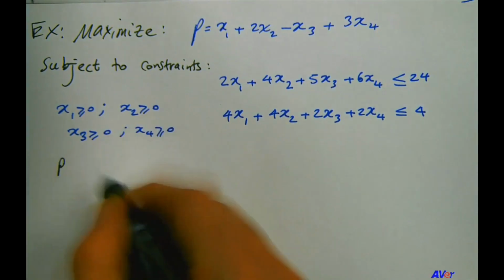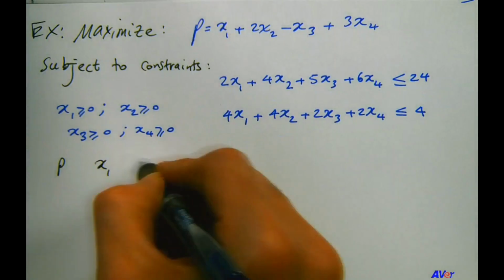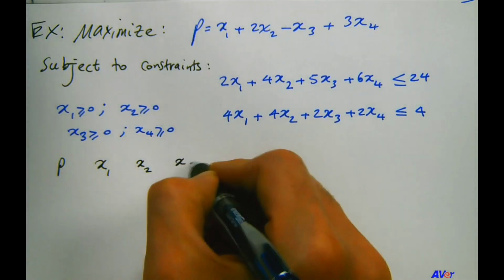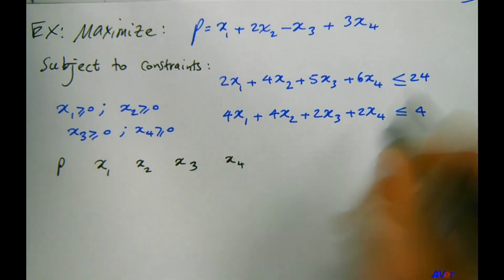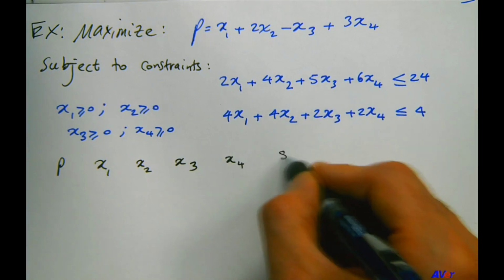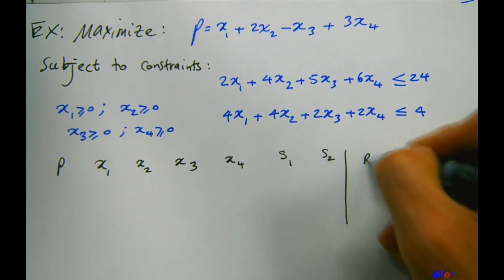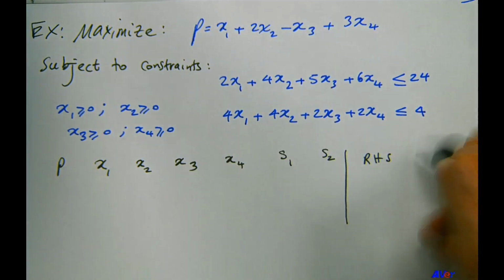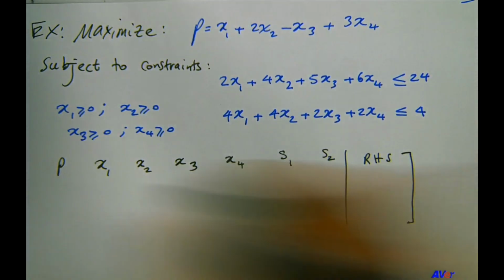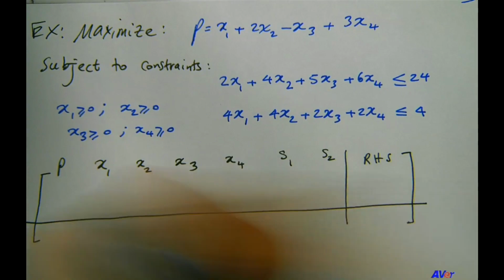So we're going to have P, and then we have 4 non-basic variables, x1, x2, x3, x4. We got 2 constraint inequalities, so we're going to need 2 slack variables, s1 and s2, and of course the right-hand side column here. Okay, like that, and the objective row at the bottom.